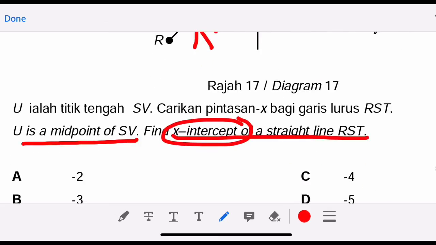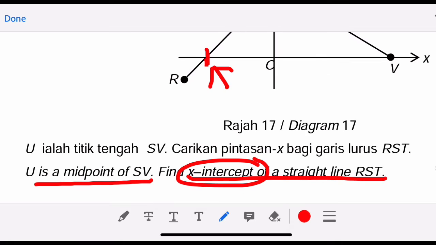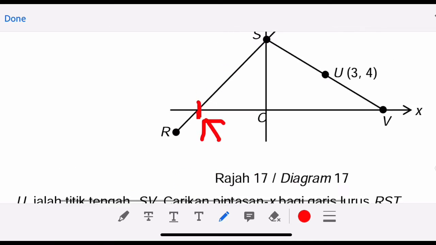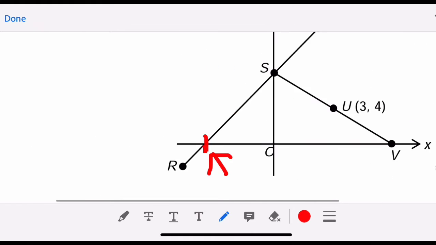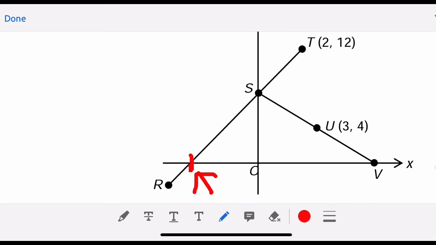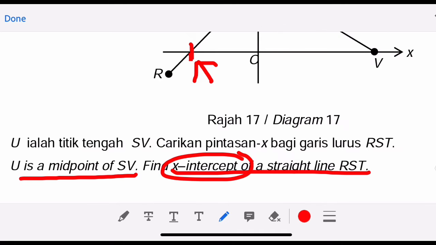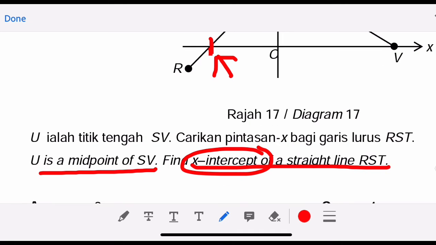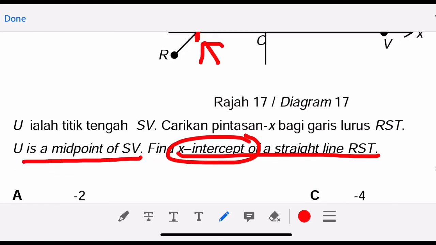We want to find the x-intercept of RST. Okay, U is the midpoint of SV. We need to find the gradient, but we don't have point S. But we're given the information that U is the midpoint of SV.